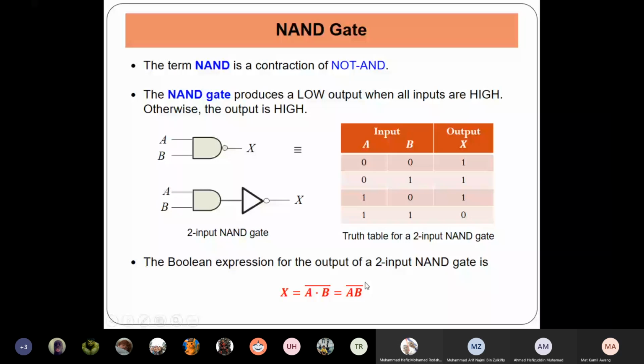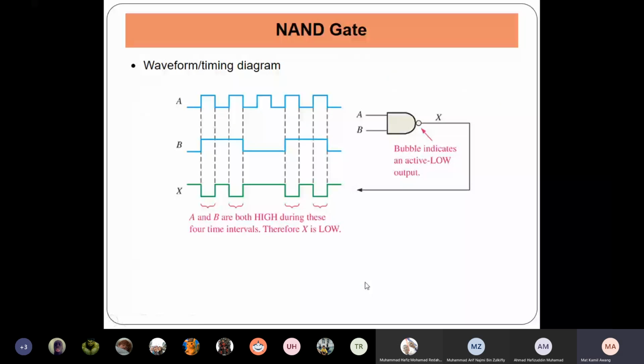This is an example of the timing diagram for the NAND gate. Let's say A is 1 0 1 0 1 0 1 0 1 0, and B is 1 1 1 0 0 0 1 1 1 0. For X, the output, when both are high, it is low. When one is high and one is low, it is high.